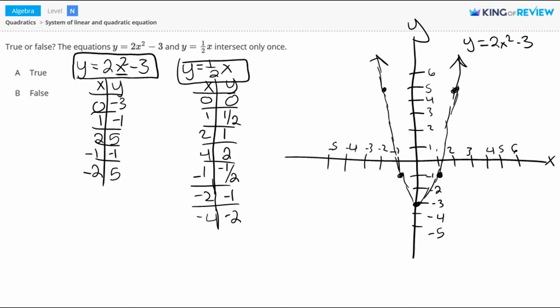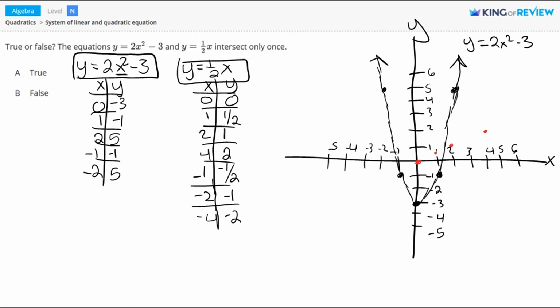So let's plot these, and I'll do these ones in red. We have a point at 0, 0, which is right here. We have a point at 1, 1/2, right here. We have a point at 2, 1, right here. And we have a point at 4, 2, which is right here.